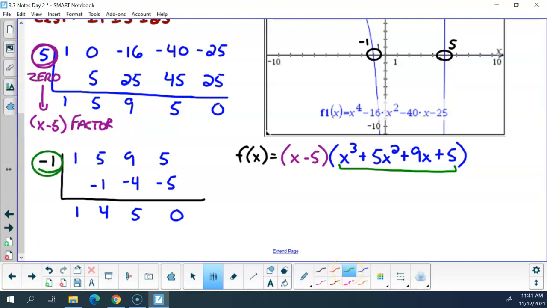So that means that negative 1 is a 0, which means x plus 1 is the factor.